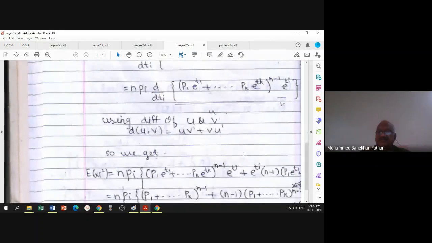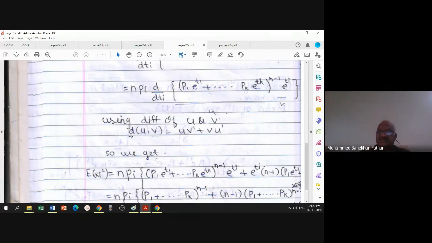Then I have the result for differentiation of a product: keep one as it is and differentiate the other, plus keep the other as it is and differentiate the first.